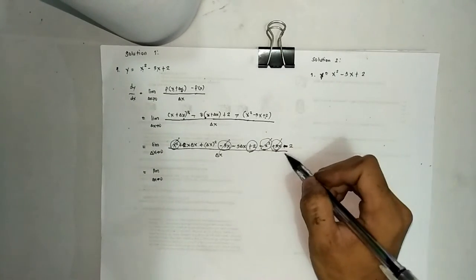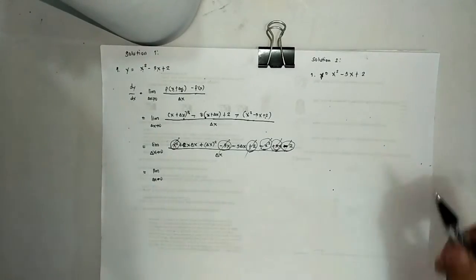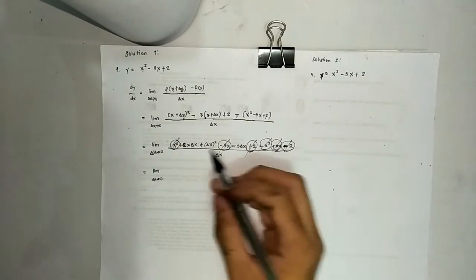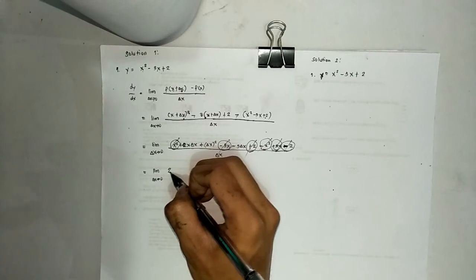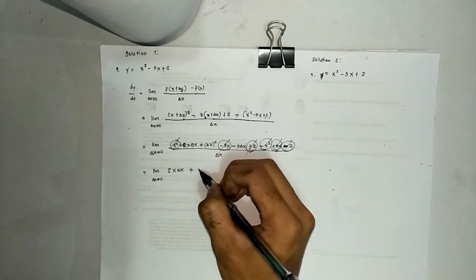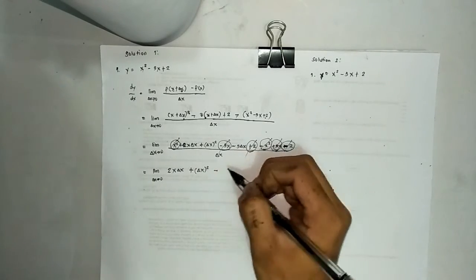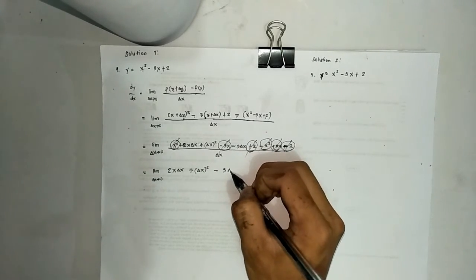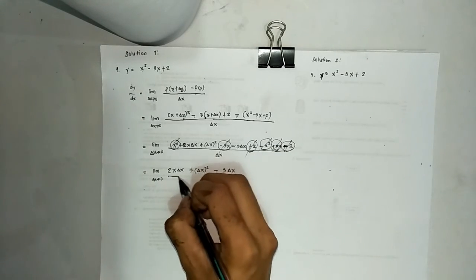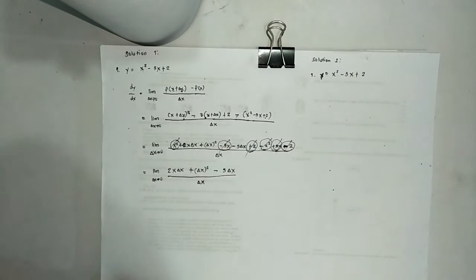Then, positive 2 and negative 2, that is 0. Okay? So, yung natira na lang dyan, that is 2x change x plus change x quantity squared minus 3 change x all over change x.